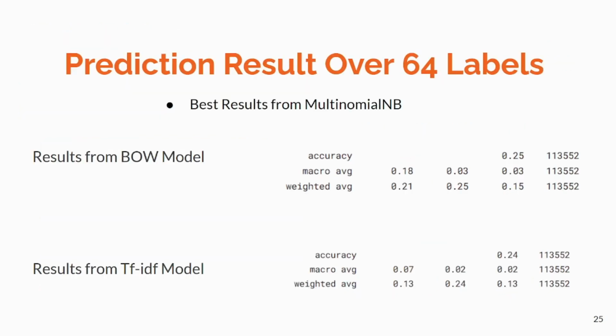Then we tried the same algorithm for prediction of a particular emoji out of 64 in the bag of words model and the TF-IDF model, and we got an accuracy close to 25% in both. Then we focused on prediction of emoji classes rather than the emoji.